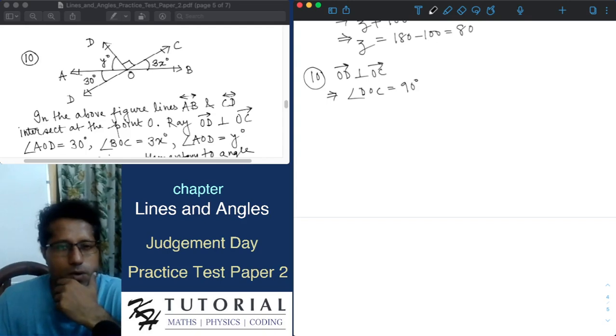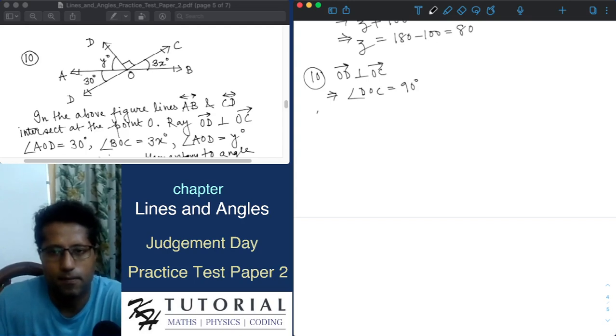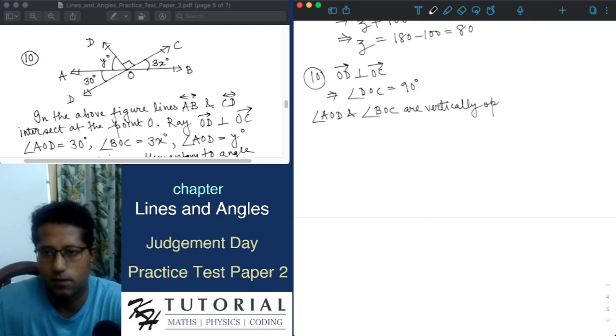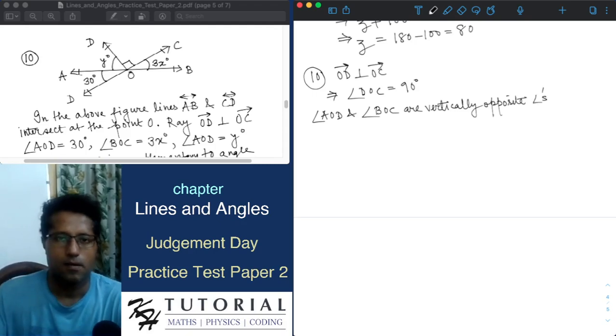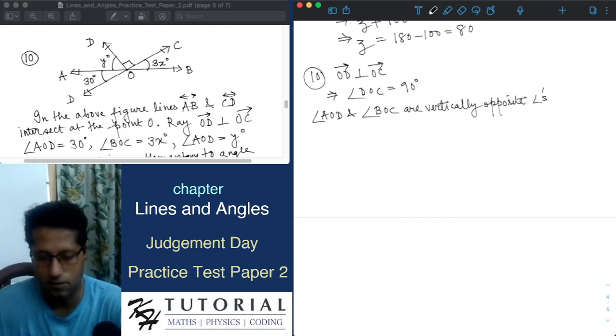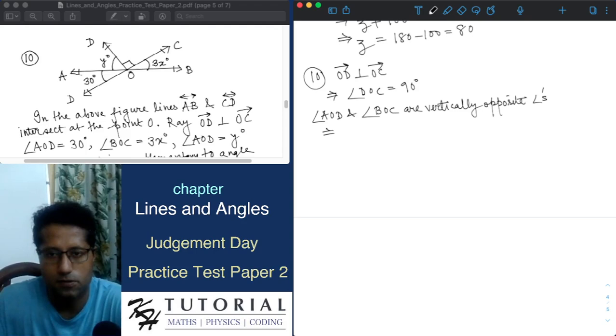Now also we can see that angle AOD and angle BOC are vertically opposite angles, from the fact that line AB and line CD are intersecting at the point O. So angle BOC is equal to angle AOD.